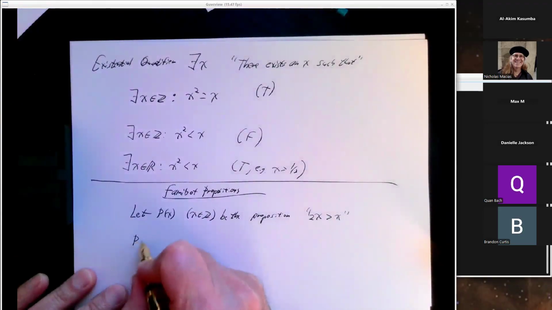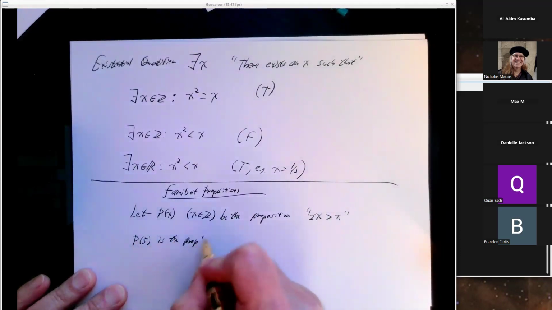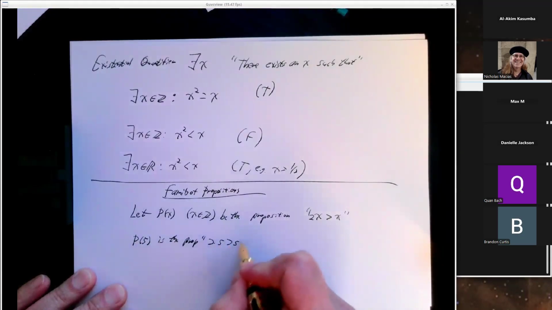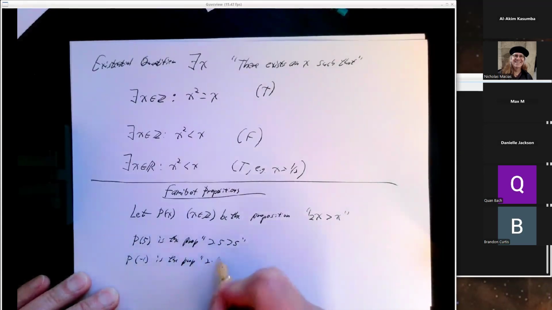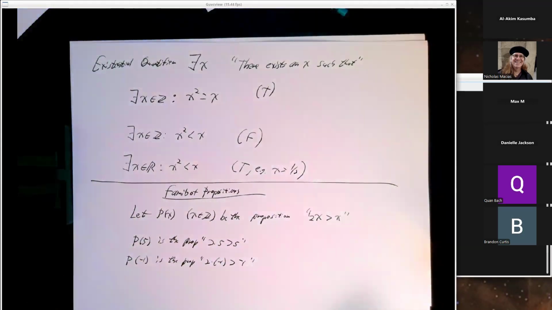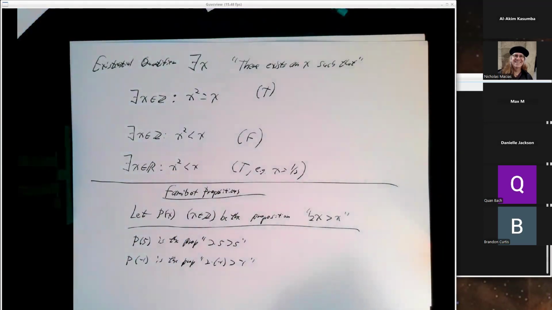For example, P of 5 is the proposition 2 times 5 is bigger than 5. P of -1 is the proposition 2 times -1 is bigger than -1. So this is defining an infinite number of propositions, but in a way that I can work with them without having to write an infinite number of things.